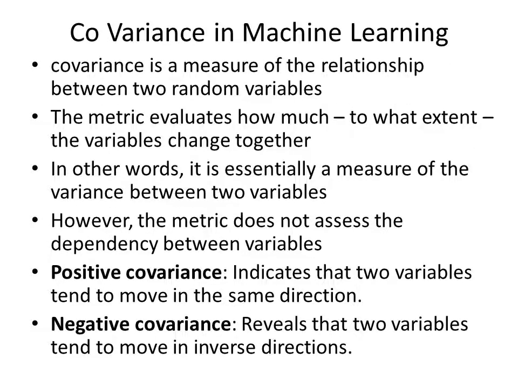Now coming to covariance in machine learning. Covariance is a measure of the relationship between two random variables. The metric evaluates to what extent the variables change together.